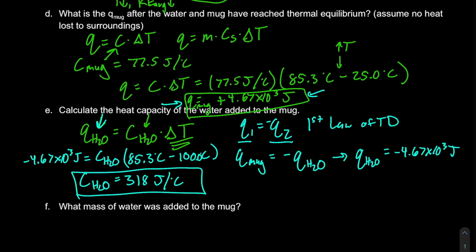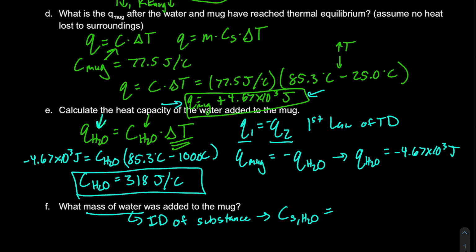Now finally, we notice that maybe there's something else that we have the ability to identify, the mass of water in the mug. And anytime we know the identity of our substance, that tells us that we know the specific heat capacity, because that specific heat capacity is something that is a characteristic or property of that substance.